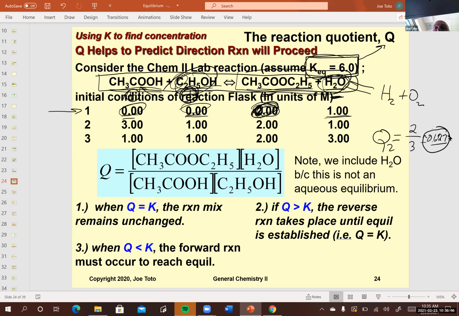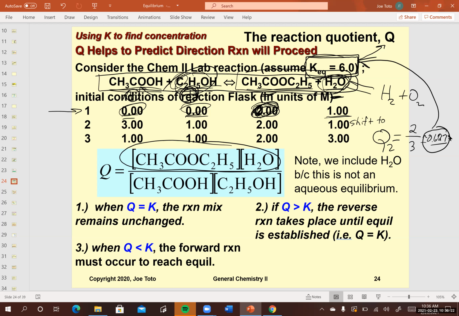You compare that to K. Is Q greater than or less than K? A lot less. Yeah. So when Q is less than K, that means the numerator is not big enough relative to K. So it's got to shift. Which way? Forward, to the right. Correctamundo.